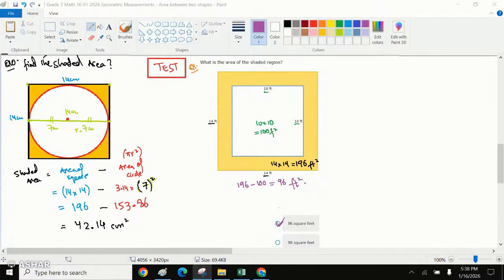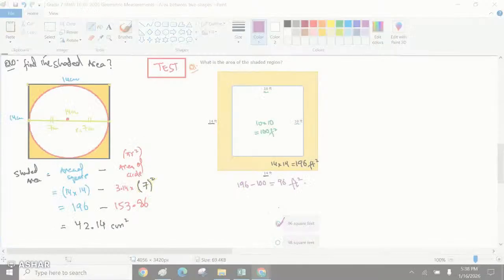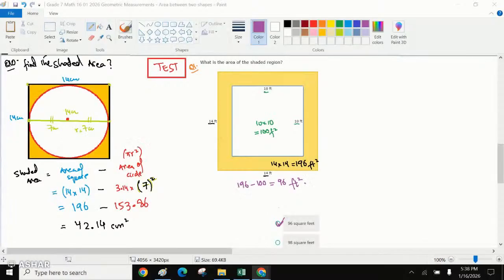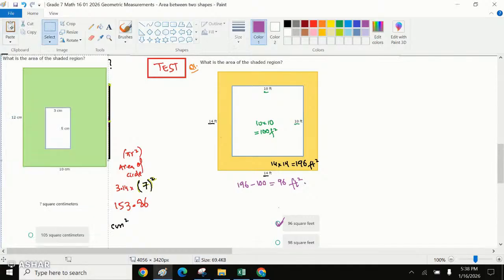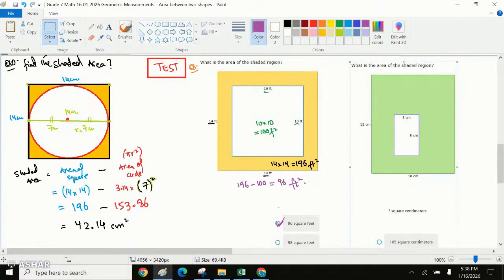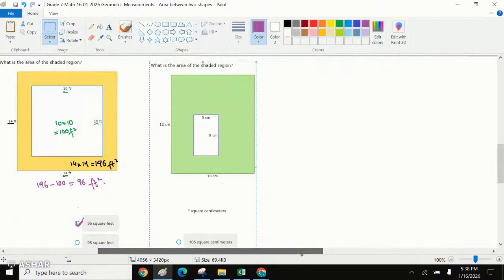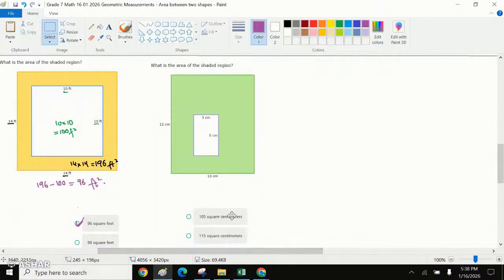Can I have the answer for the next question, where it says, what is the area of the shaded region? Let's copy. This is question number 2. Can I have the answer to question number 2? And the given options are these two.